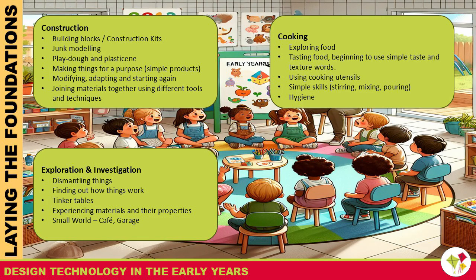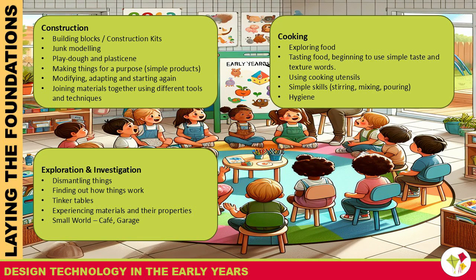The third area is through providing children with guided cooking opportunities. Through guided cooking activities, children are beginning their learning journey in developing cooking skills and techniques and also building their knowledge through exploring food, its taste, its texture and its appearance. As they explore different foods, they are beginning to develop a taste vocabulary.